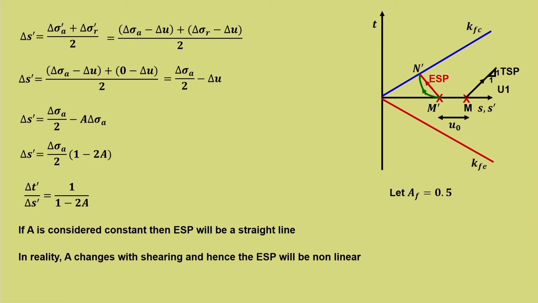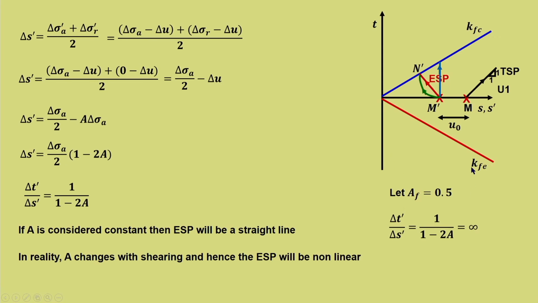For a specific case in this particular exercise, if A is equal to 0.5, you will see what happens: it becomes infinity. Delta T dash by delta S dash is equal to infinity. So, it will go in the upward direction, the slope of the effective stress path will be in the upward direction.